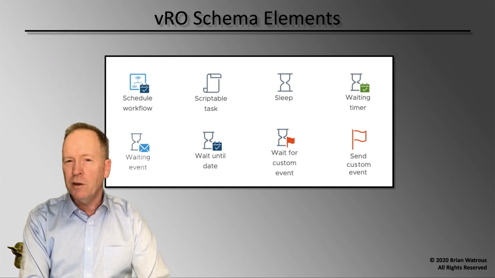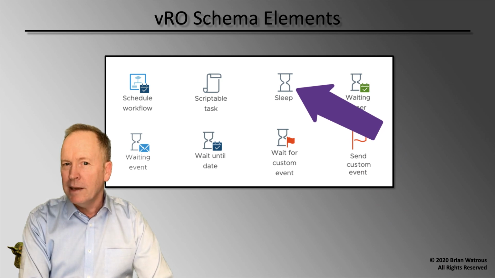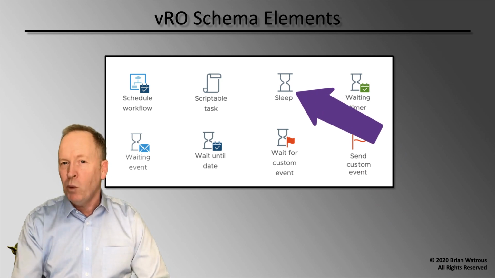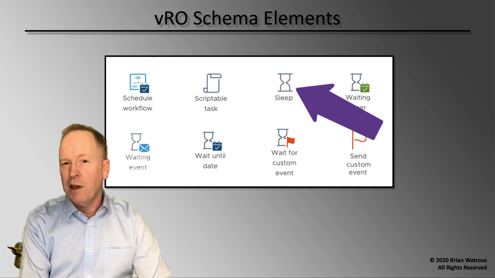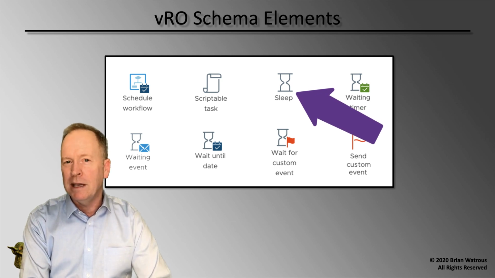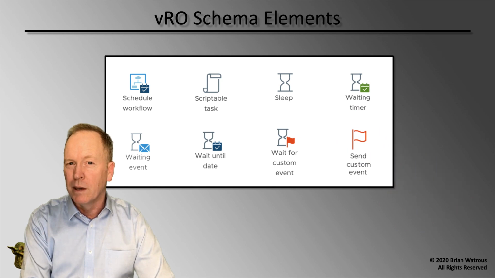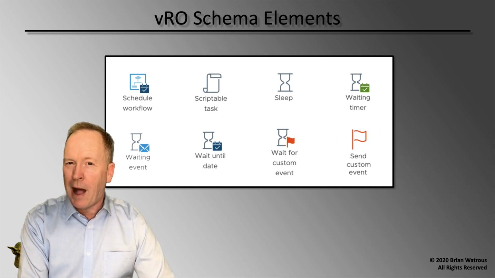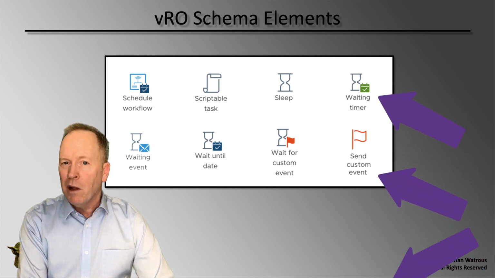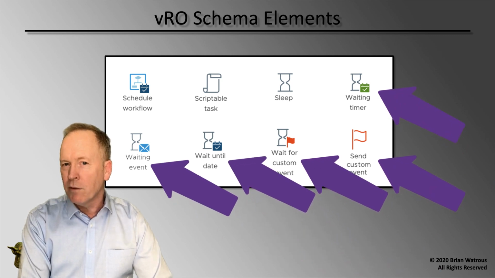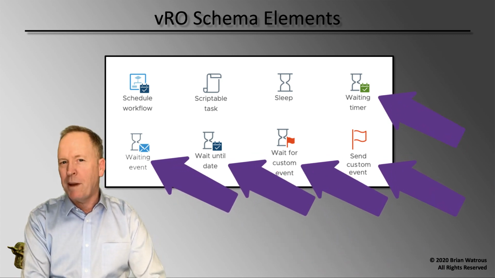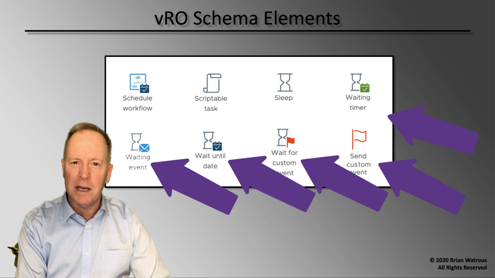On the other hand, if you use the sleep schema element, it's a predefined element. We write the code for you. So all you have to do with the sleep schema element is feed in a variable that contains the number of seconds that you want your workflow to sleep. And then the remaining schema elements that you see here allow you to perform waiting from your Orchestrator workflow. And again, we'll talk about each of these in the upcoming videos.